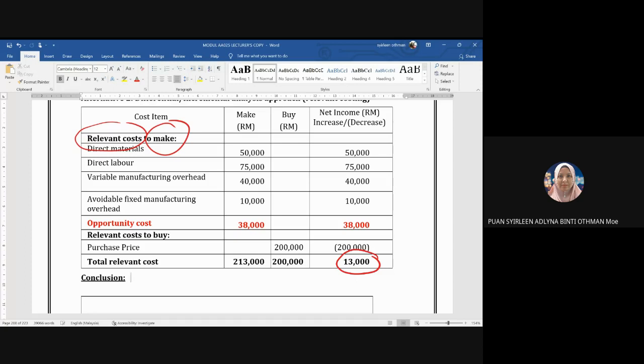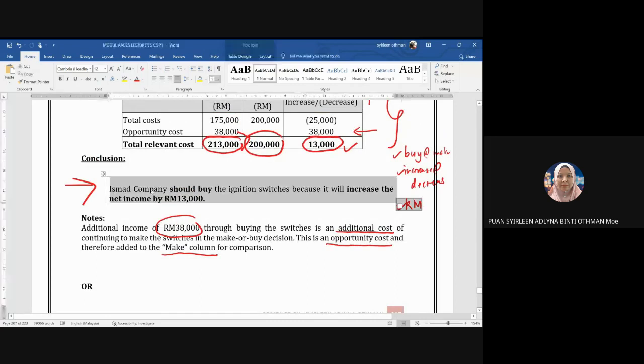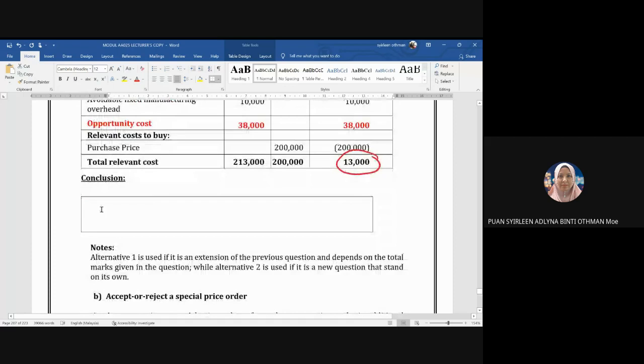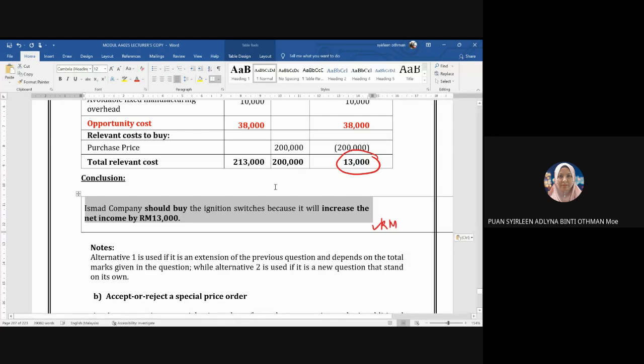So that's how you come about with the same decision. Okay, so your decision is this one lah. Smart company should buy the ignition switch. Okay, because it will increase the income statement, okay, by 13,000 ringgit. Okay, alright. So ini untuk make decision.